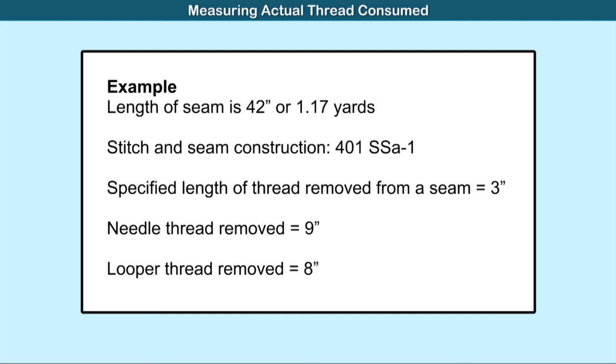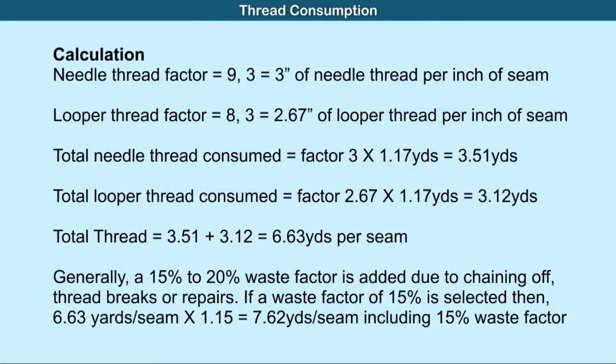Needle thread removed is 9 inches and looper thread removed is 8 inches. Now calculation. Needle thread factor, that is 9 over 3, is 3 inches of needle thread per inch of the seam, and looper thread factor for 8 inches will be 2.67 inches of looper thread per inch of the seam.